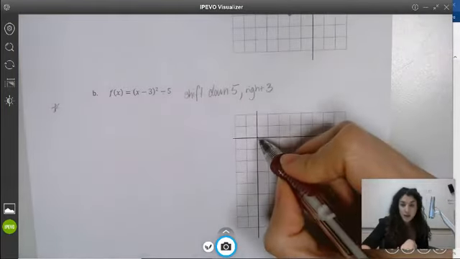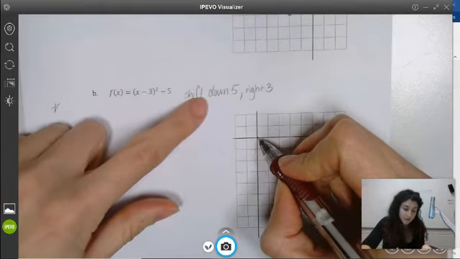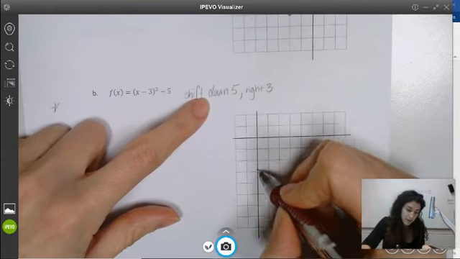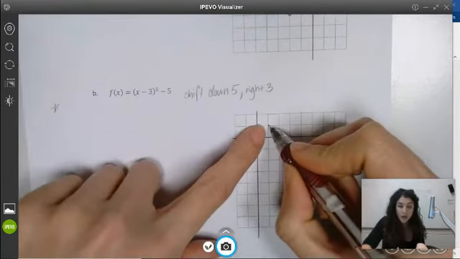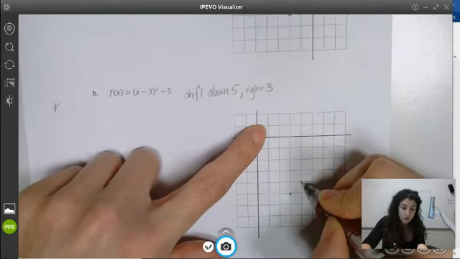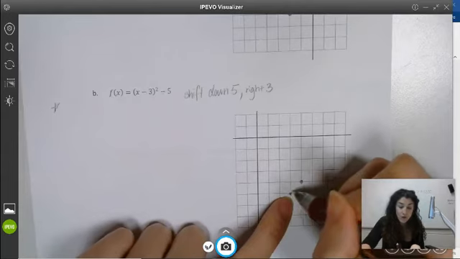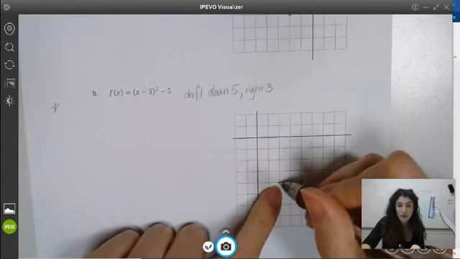So then my 0, 0, my vertex of the parent function would go down 5, right 3. My 1, 1 would go down 5, right 3. You can also repeat what you know about parabolas, that you would go right 1, up 1. You would also go back 1, up 1.